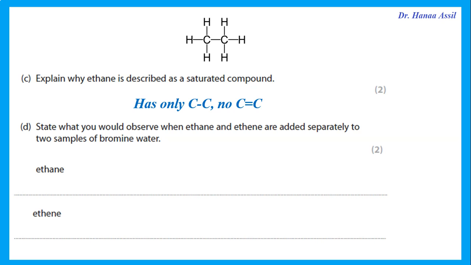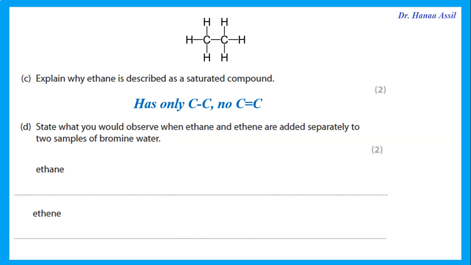Remember, when we talk about solutions, saturated has a completely different definition. A saturated solution is one in which no more solid can dissolve. A saturated organic compound is the one that has only single bonds, no double bond.